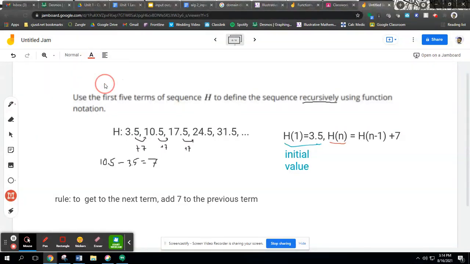Well, that's just the next term. So that's saying to get to the next term, what we're looking for is h of n. All right, and then we can see this right here, h of n minus 1. Well, that's just our previous term. Change the color on this to yellow. H of n minus 1 is the previous term.